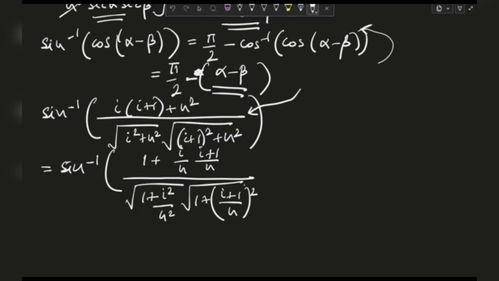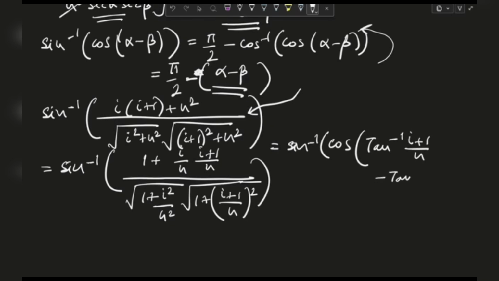Basically the same thing that we wrote there, okay? Now what you will actually observe is, I will tell you that we can write this thing as sine inverse of, please watch this carefully, this is very important, sine inverse of cos of tan inverse of ((i plus 1) by n) minus tan inverse of (i by n).